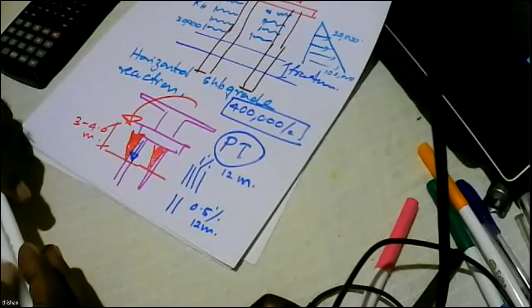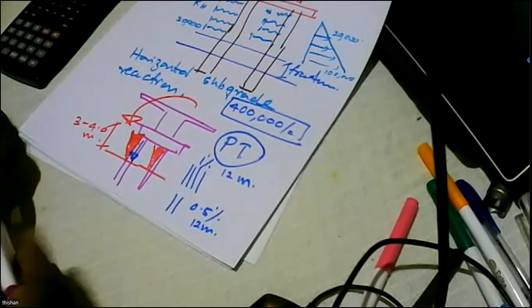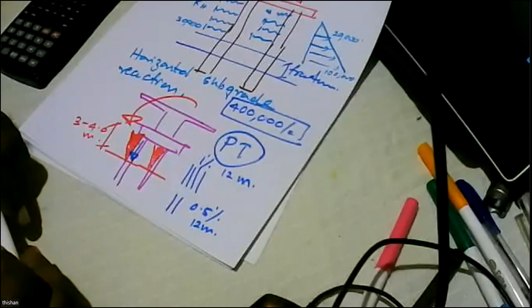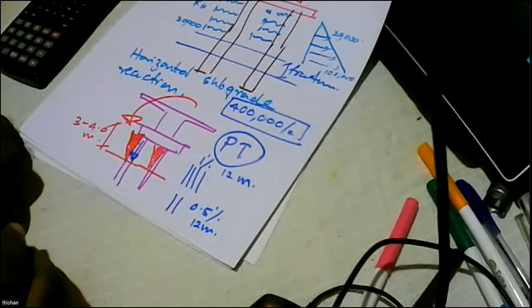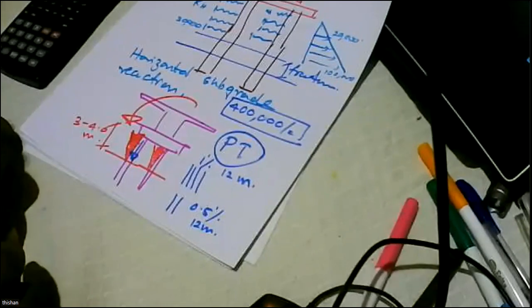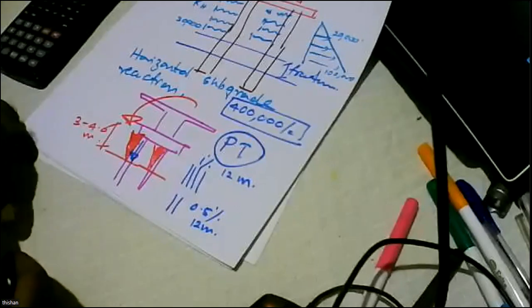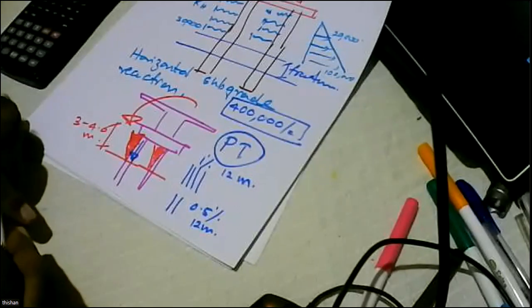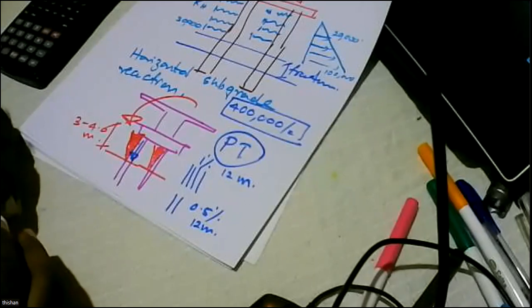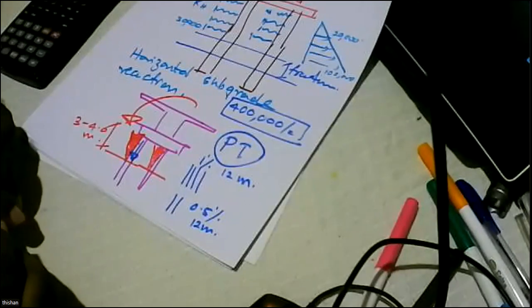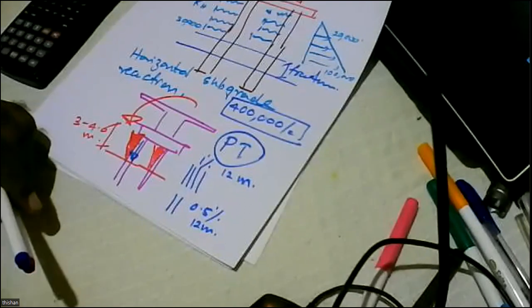So, no need to unnecessarily bury a lot of reinforcement in the ground, knowing very well the piles are not subjected to bending moments beyond 4 meters. And anyway, within the first 9 to 12 meters, we can have one length of reinforcement, because reinforcement can be bought in 6 meters, 9 meters, or 12 meters.